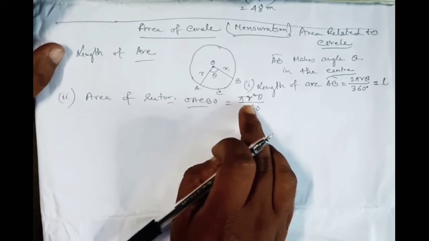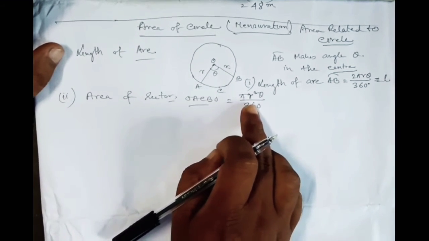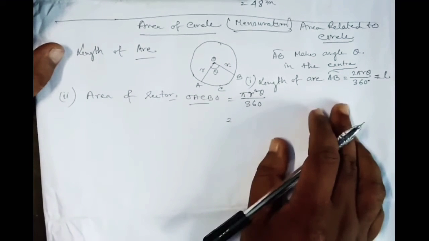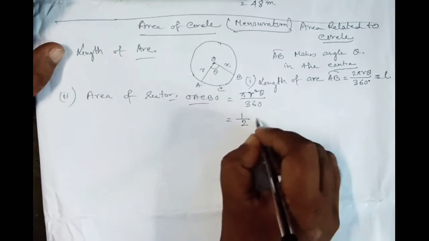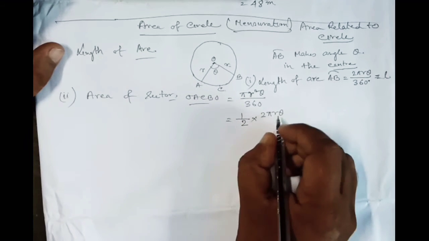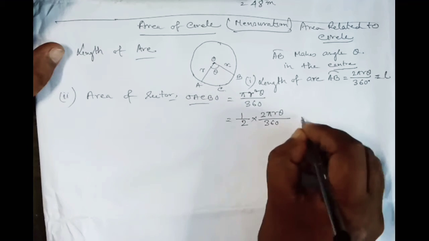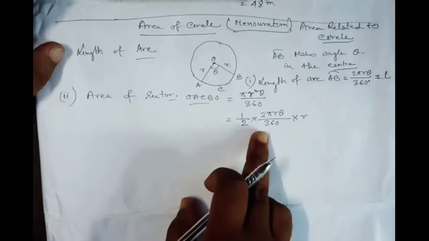So this can also be represented by half into 2 pi r theta by 360 into r. Hope you were able to understand.